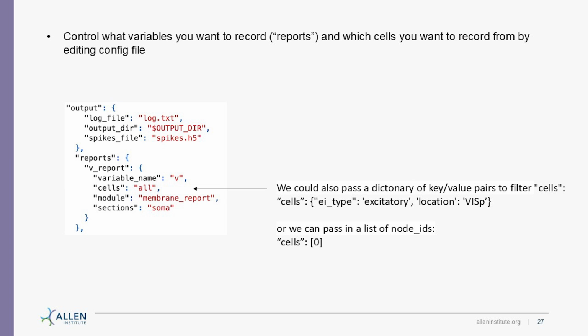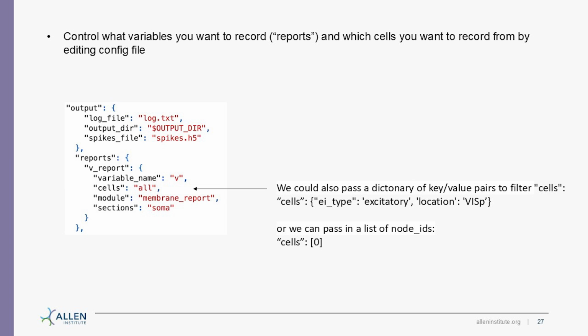But in the reports, you can specify if you want to save further variables. For example, v_report under membrane report is for saving membrane potential of the cells. And you can specify which section of the cell you want to record the membrane potential from, and you can specify which cells. So in here, the optional attributes that you added to your nodes portion are useful, because you can specify if you want to just record from PV cells, or excitatory cells as a whole, or all interneurons, or layer 4, a certain type of cells.